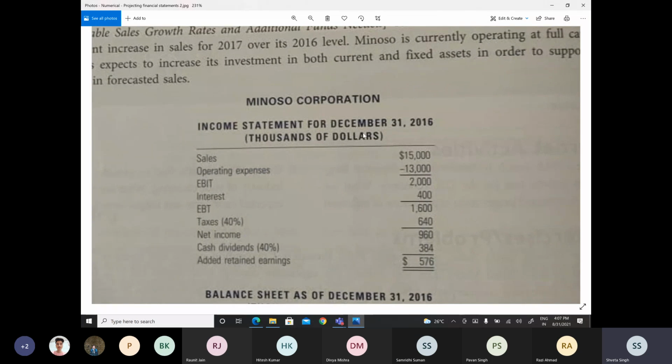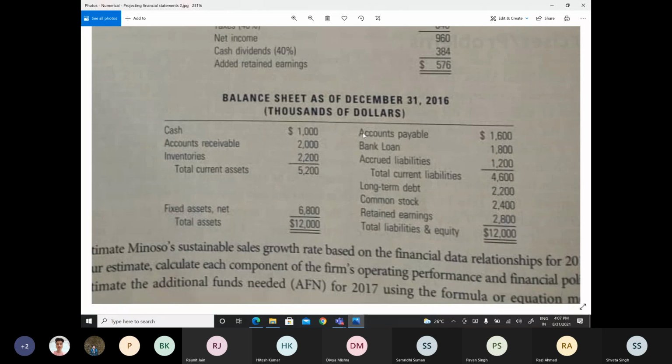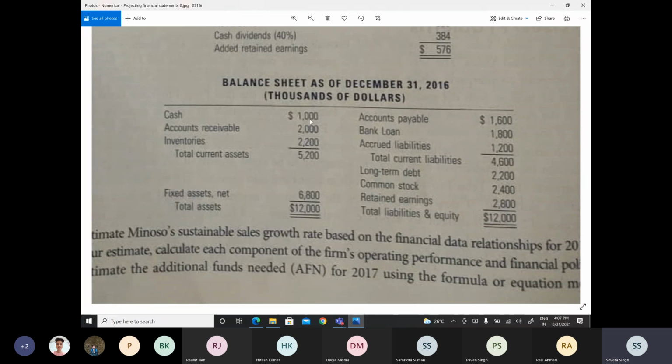Then if you see their balance sheet, it is given like this. They have cash of $1,000. They have accounts receivables of 2,000. They have inventories of 2,200. So their total current assets are 5,200 and their fixed assets net are 6,800. So they give total assets of 12,000. And then they have accounts payable of 1,600.